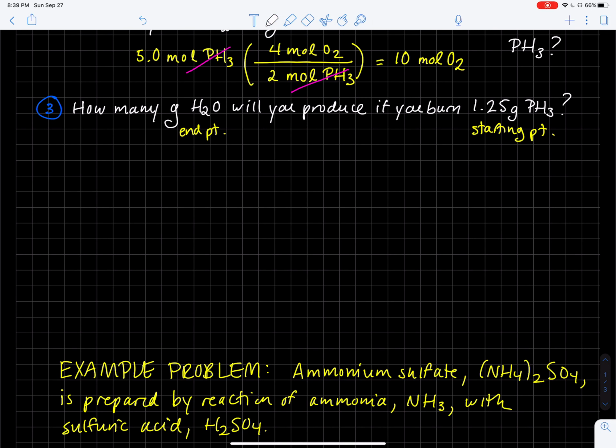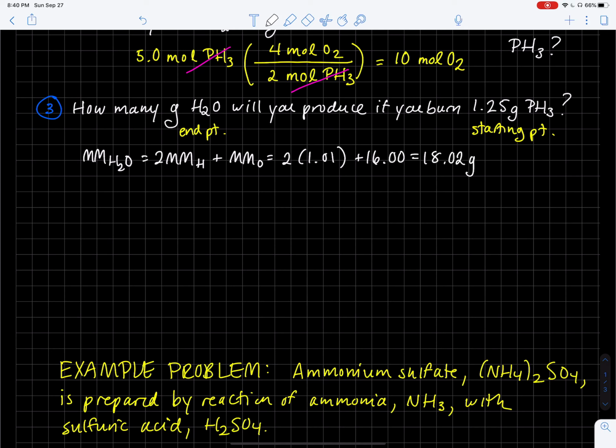I'm going to need the molar mass of water, which is 2 times the molar mass of hydrogen plus the molar mass of O. So this is the molar mass of water. And I'll need the molar mass of phosphine, PH3.